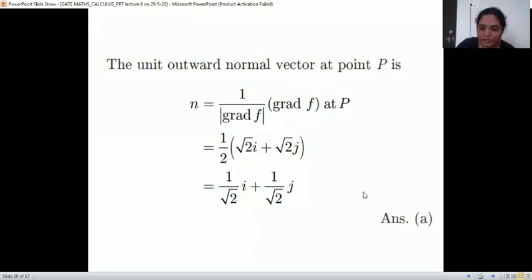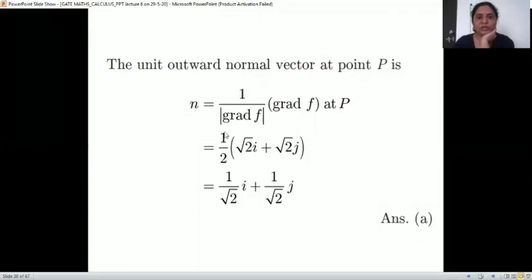Any doubt? Please ask now. Remember, whenever it is normal, find del f, and whenever it is unit normal, find just the cap of the vector, whatever we got. Cap is nothing but that vector upon mod of the vector.